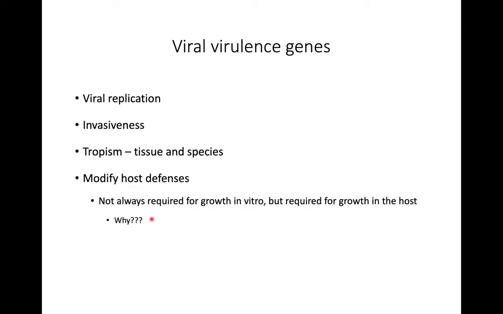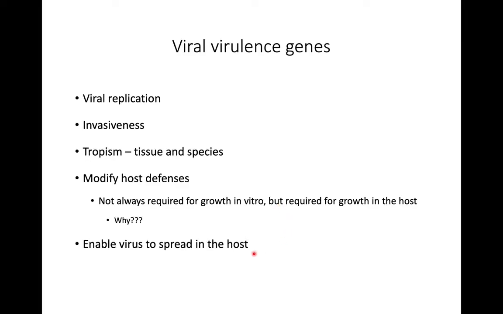And the quick answer is that must be a gene that's involved in modifying host defenses in some way, like downregulating interferon responses, something to do with immune evasion. And in cell culture, in vitro, there is no immune system. It's just one type of cells. So you still grow just fine, but then you put it into an animal that has an immune system, and all of a sudden that virus can't grow.